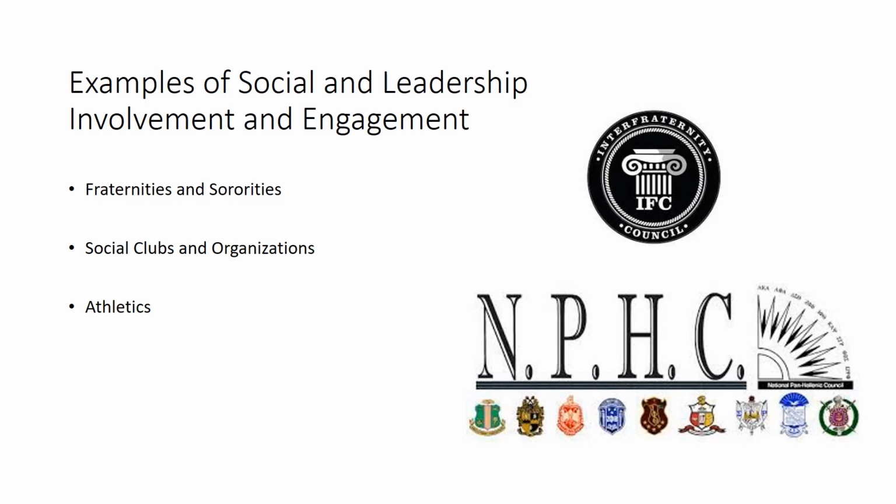Pascarella and Terenzini, in how college affects students, have mentioned many theories regarding student engagement and involvement and how it further causes students to grow and change. And student affairs has a large part of that.